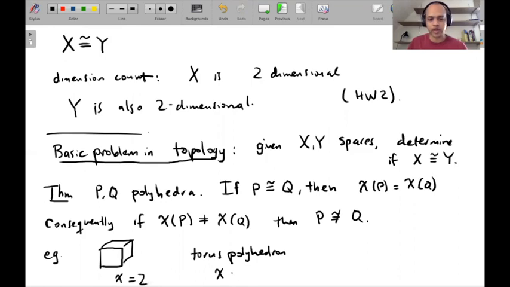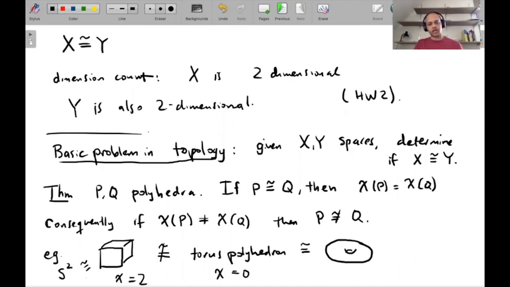To torus polyhedron, we computed chi is equal to 0. And so these are not topologically equivalent. And while the cube is topologically equivalent to S2, we discussed this sort of thing last time, I believe. And the torus is topologically equivalent to, well, the torus. And so this is an argument. This theorem gives you a way to show that the torus and the sphere are not topologically equivalent.